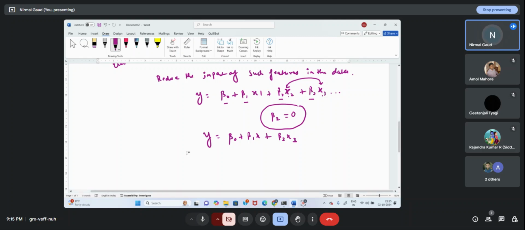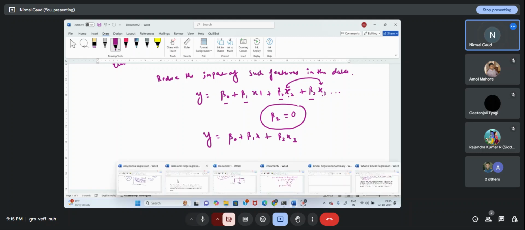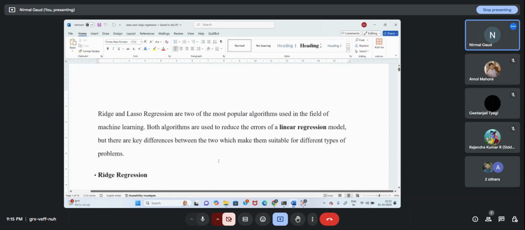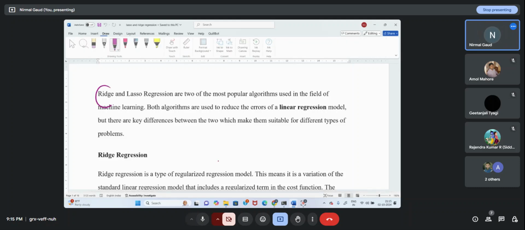For that purpose only, we have Lasso and Ridge. These two regression algorithms are very popular. They are part of linear regression only. Both are used to prevent overfitting in the linear regression model.